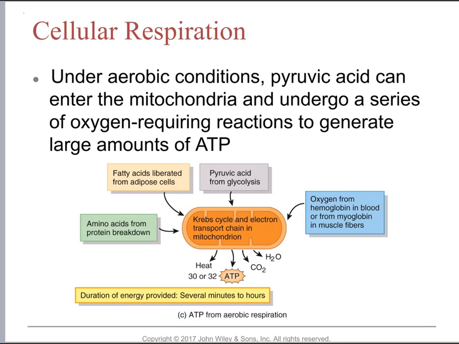Our last process is aerobic respiration. This is cellular respiration. So, under aerobic conditions, pyruvic acid can enter the mitochondria and undergo a series of oxygen-requiring reactions to generate large amounts of ATP.